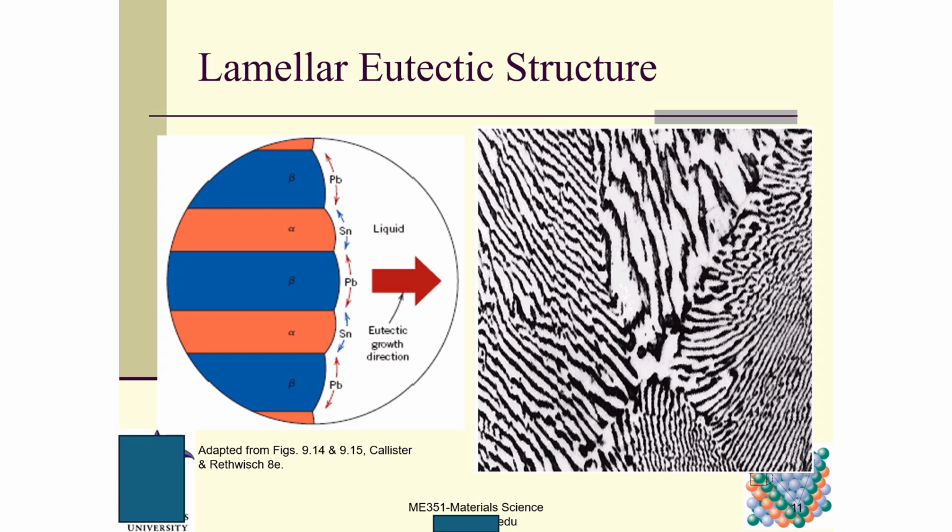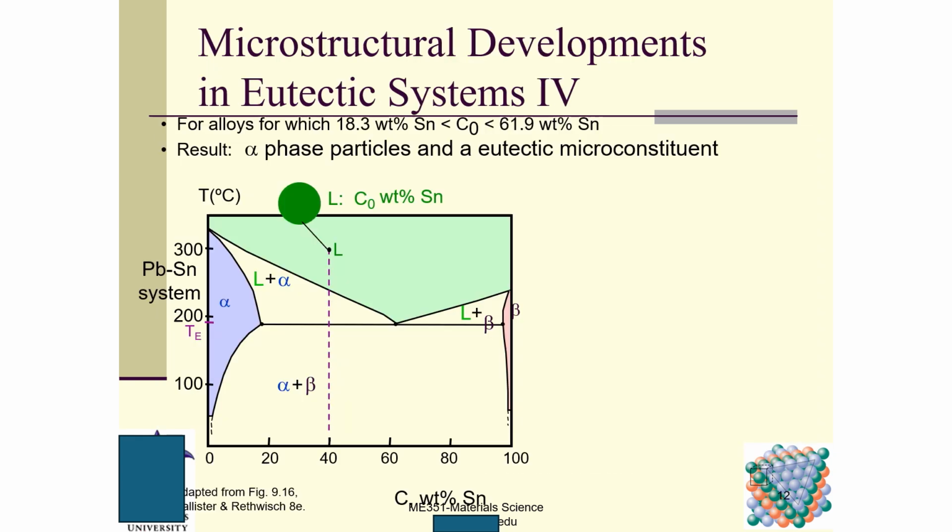And this is a micrograph. It looks like the tiger's beautiful skin, beautiful fur. Right? Any questions so far? If no questions, then for alloys, we just give you an example.